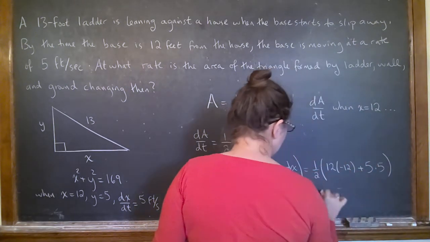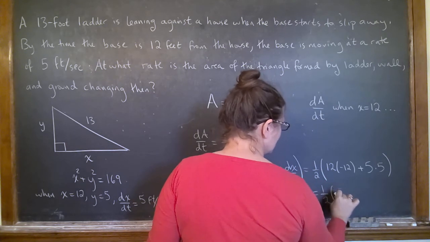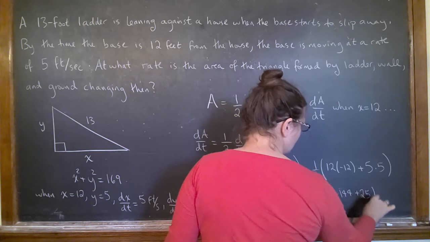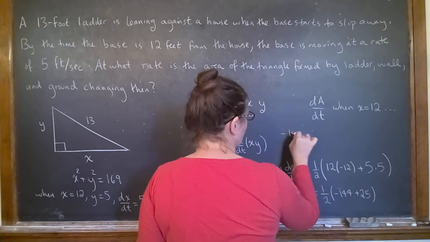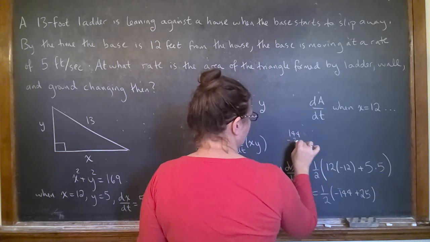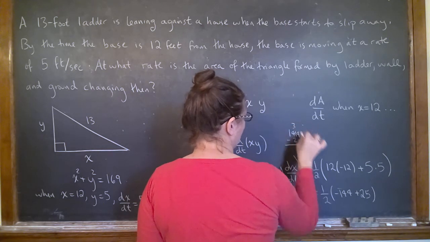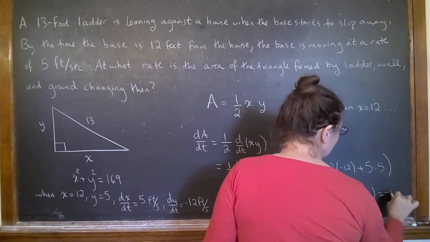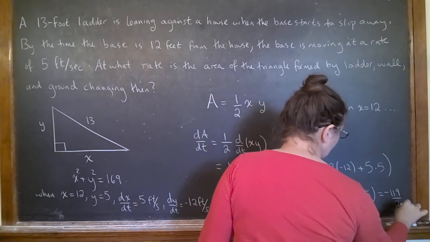Okay, so I have 1/2 times minus 144 plus 25. So negative 119 over 2.